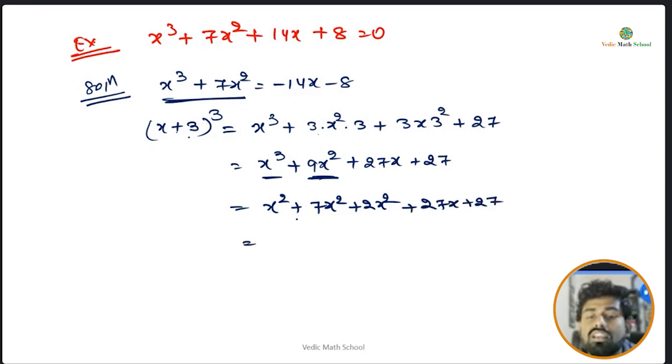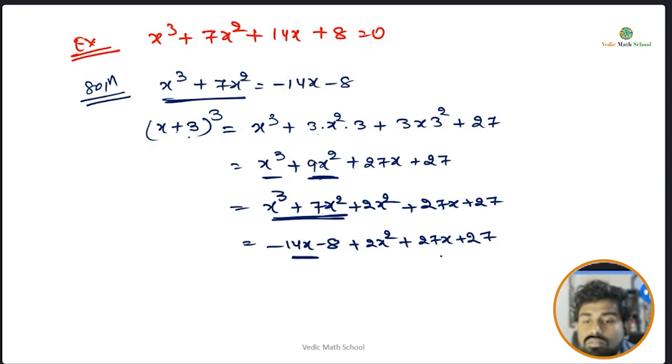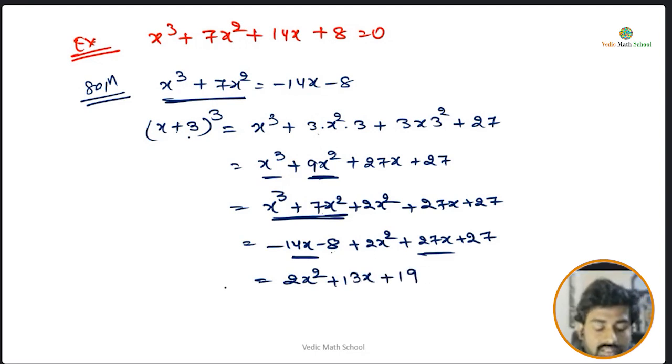And because of this, now I can write down x cube plus 7x square is minus 14x, that I'm writing here, minus 8 plus 2x square plus 27x. Now you look at this, minus 14x, it will going to be subtracted, 2x square, I'm writing as it is, this is 2x square minus 14x plus, it will become plus 13x and minus 8 plus 27. What you will get? 19 you will get.